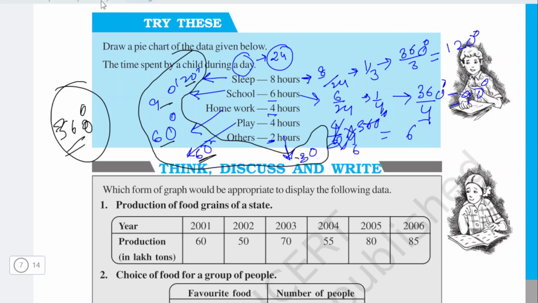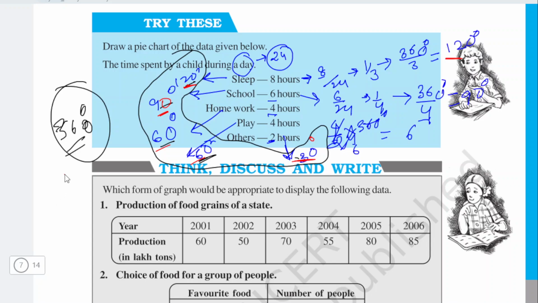So to draw the pie chart, what you will have to do? So you have to show these angles. So these angles 120, 90, 60, 60 and 30 to represent these activities.